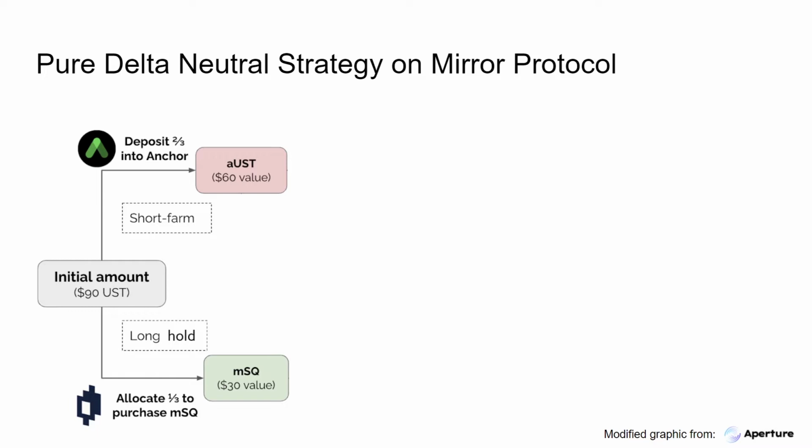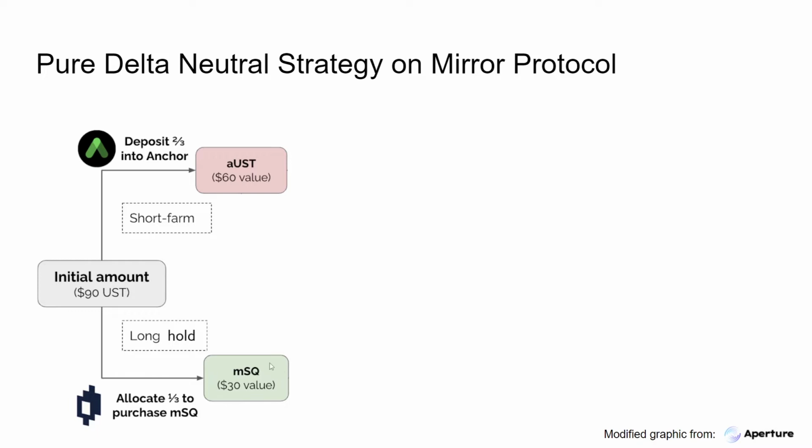For this strategy, assume that I start off with 90 UST. I'll be splitting that into 60 UST to deposit on Anchor. For the rest of the UST, I will immediately purchase some synthetic asset, whatever synthetic asset I feel has a good return on the short farm. In this case, let's just say M Square, or MSQ. Square is the company.